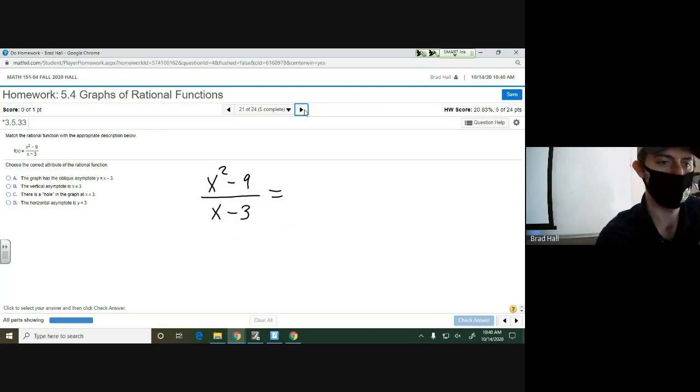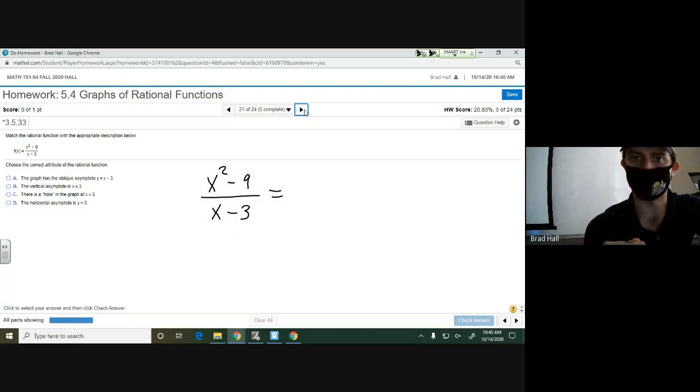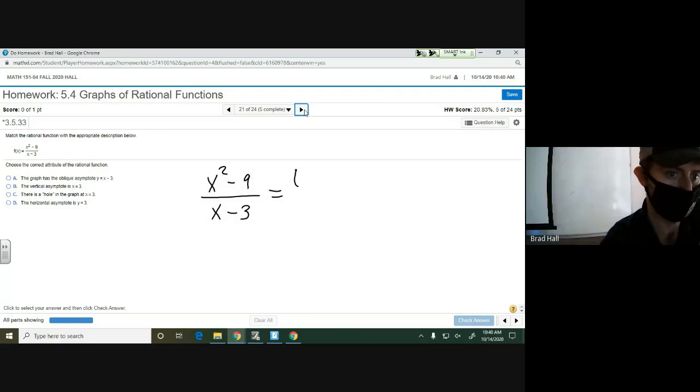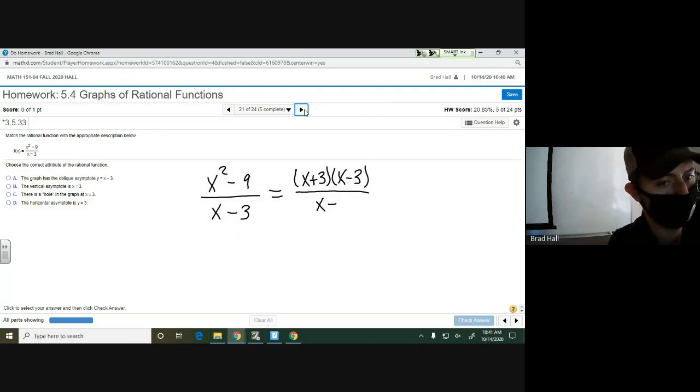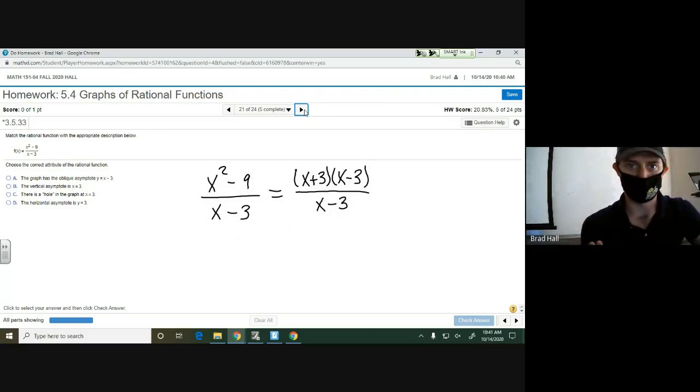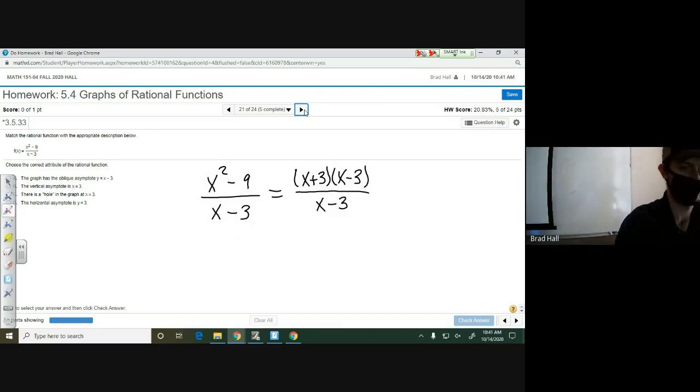If you notice, the numerator is a difference of two squares, which means it could be factored. It's x plus 3, x minus 3. And now you might notice there are two factors that can be canceled, the x minus 3's.